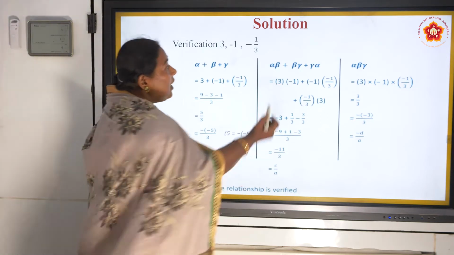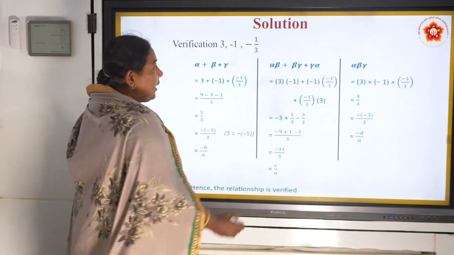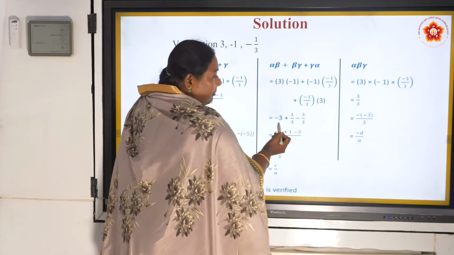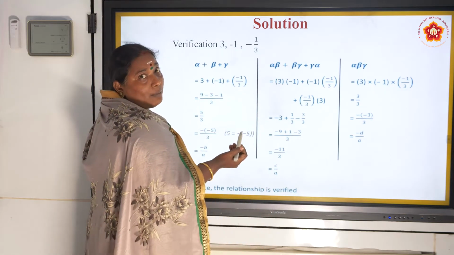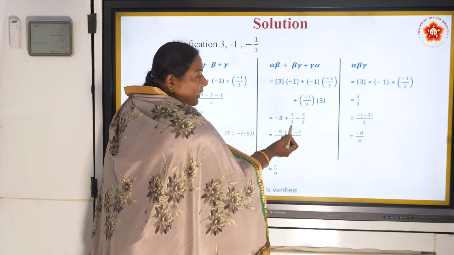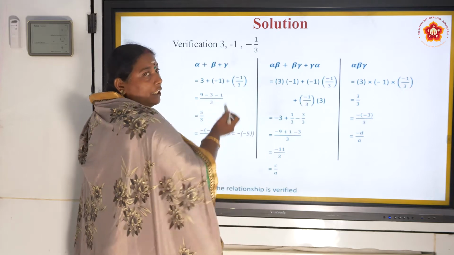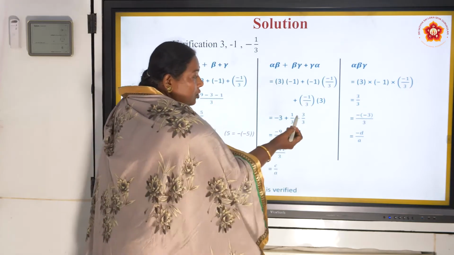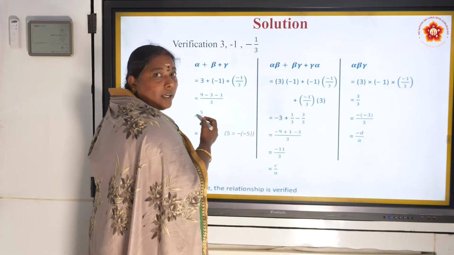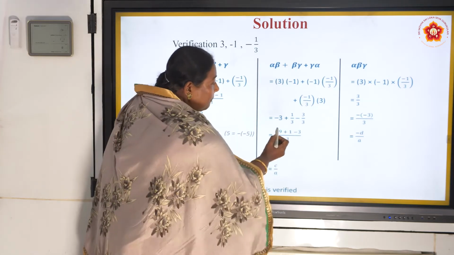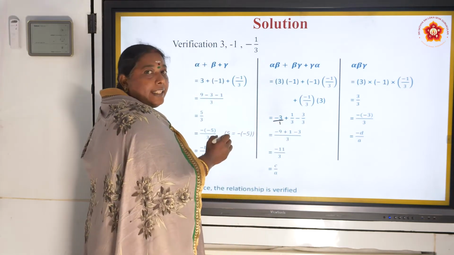Right? Next, alpha beta plus beta gamma plus gamma alpha. So what am I going to do? 3 into minus 1 is minus 3. Minus 1 into minus 1 by 3, minus into minus is plus, so it is 1 by 3. Next, minus 1 by 3 into 3, you will get minus 1. But here it is given as 3 by 3. 3 by 3 is what? 1. So here also we have a fraction, so we have to take the LCM.